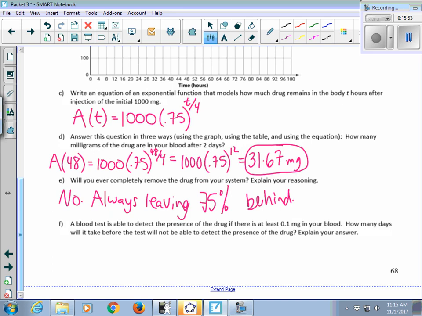So if a blood test is able to detect the presence of the drug only if there's at least 0.1 milligrams in your blood, how many days will it take for that to happen? So I want to solve 0.1 equals 1,000 times 0.75 to the t over 4. So I'll have GeoGebra do this for me.